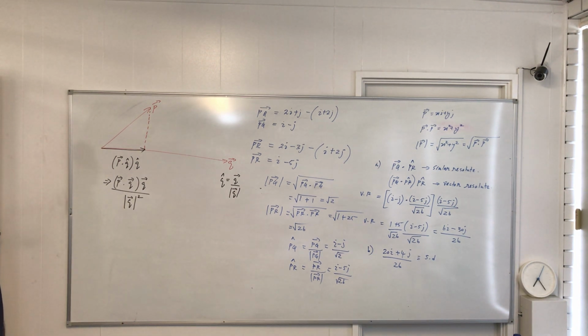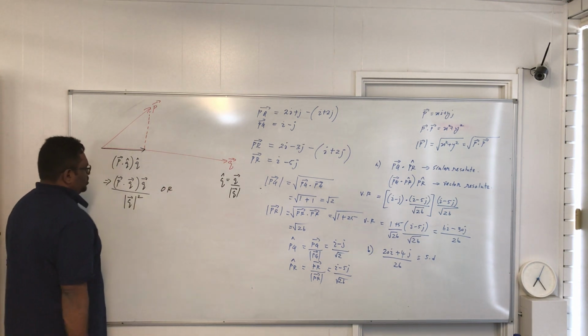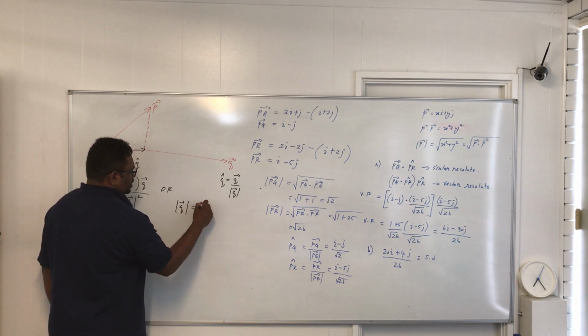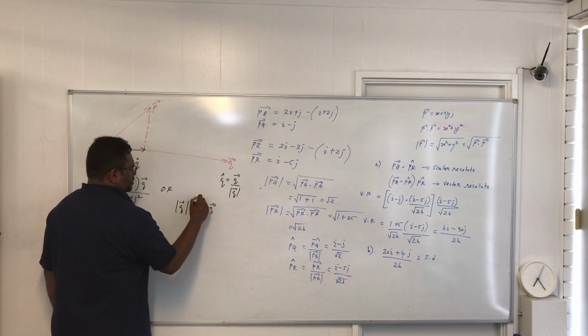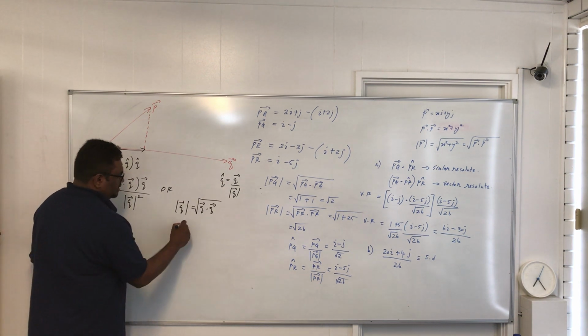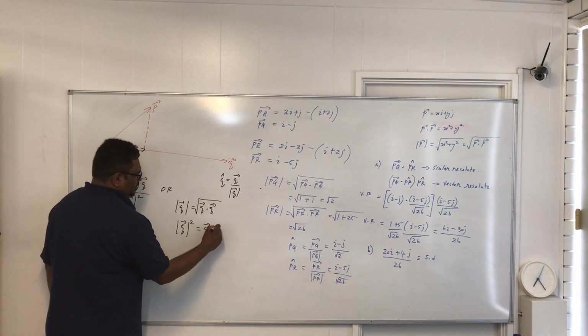Or you know that Q vector magnitude is nothing but the square root of Q vector dot Q vector. I told you that. So learn how to play with this. So Q vector square is nothing but Q vector dot Q vector.